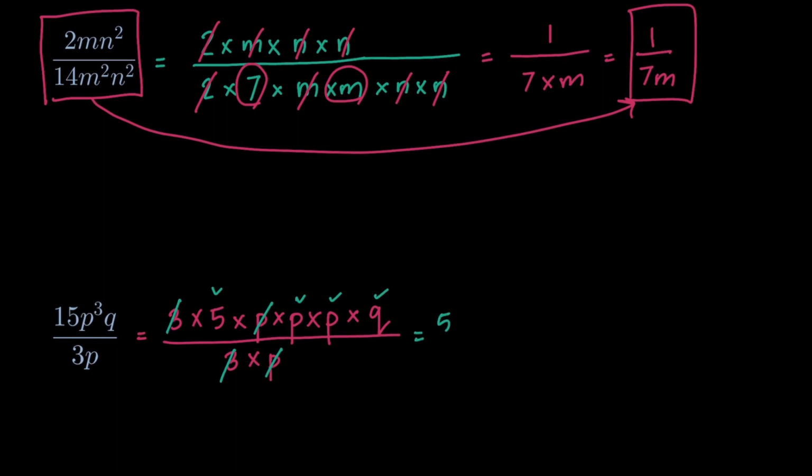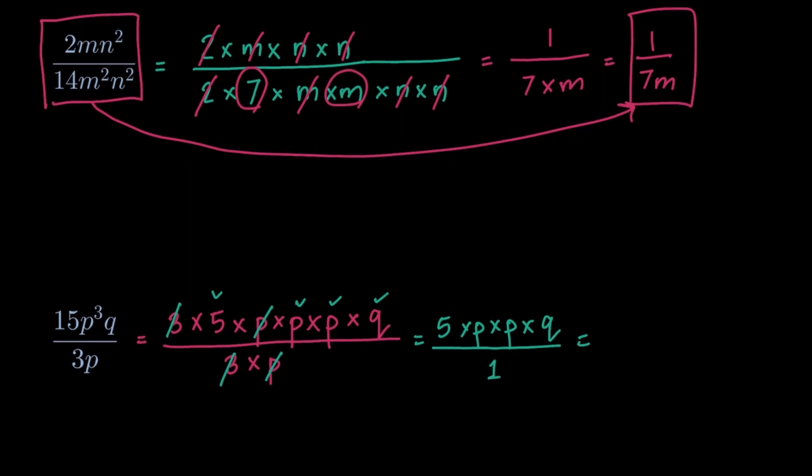So that is 5 times p times p times q. And on the bottom, everything's been cancelled out, so it's a 1, or we can ignore it. 5 times p times p times q is 5p squared q. And we can write the bottom of 1.